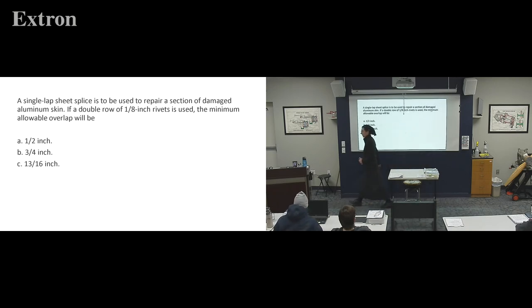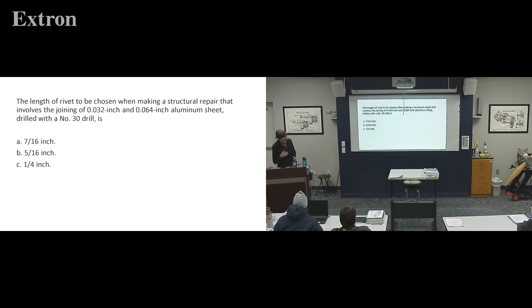And the other one was this one. The length of a rivet to be chosen when making a structural repair that involves joining 32 and 64 thousandths aluminum sheet, number 30 drill, is what?